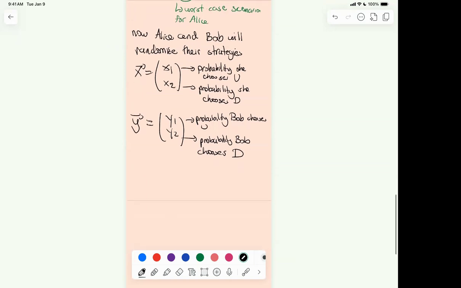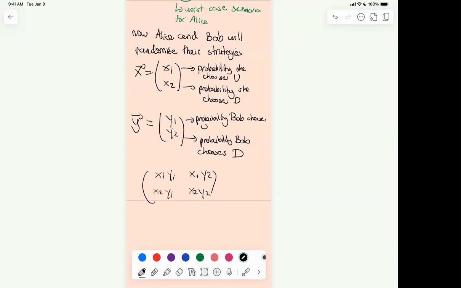So the idea is that x1, y1, x2, y2, x2, y1, and x1, y2, these four numbers represent the probability that you would get one of those particular outcomes.